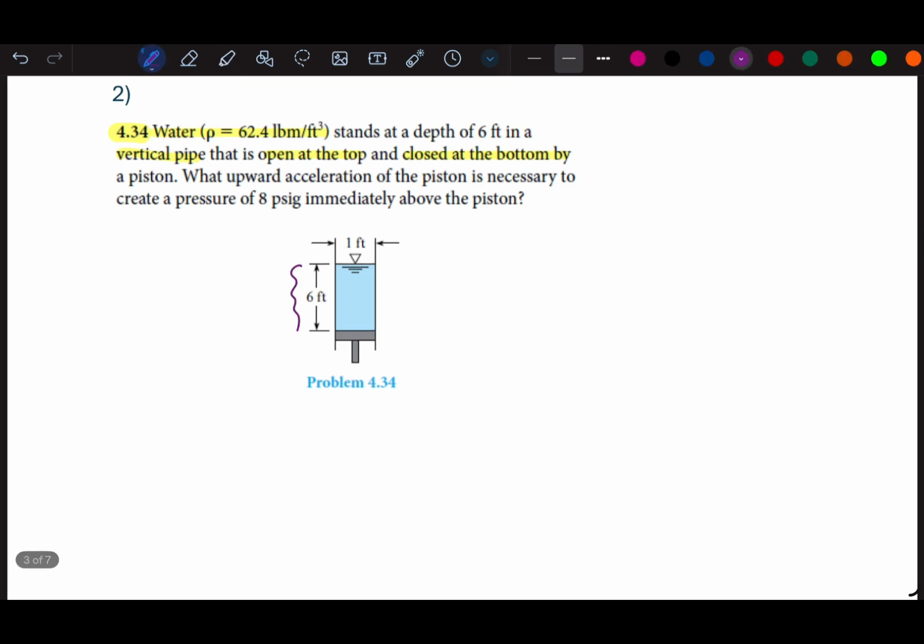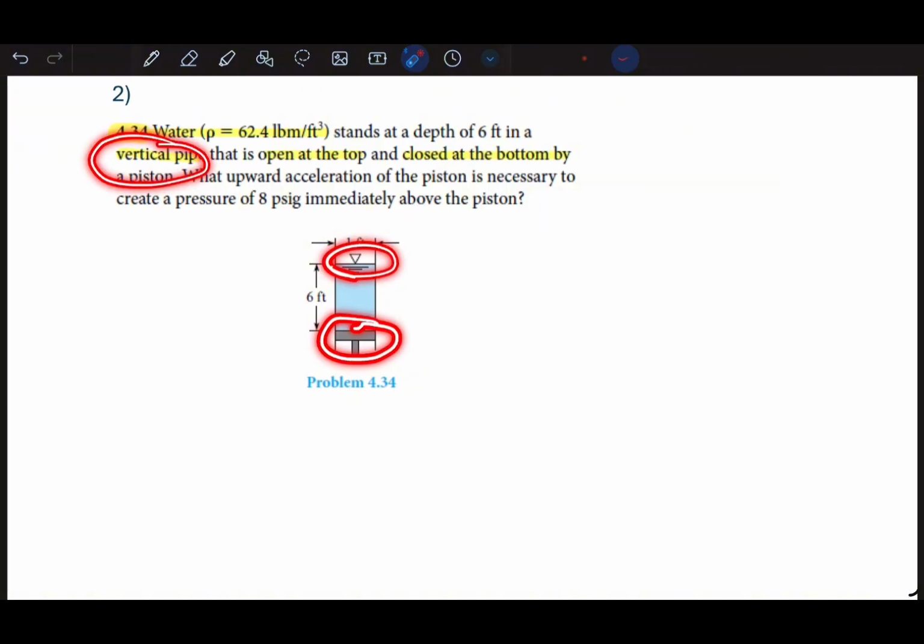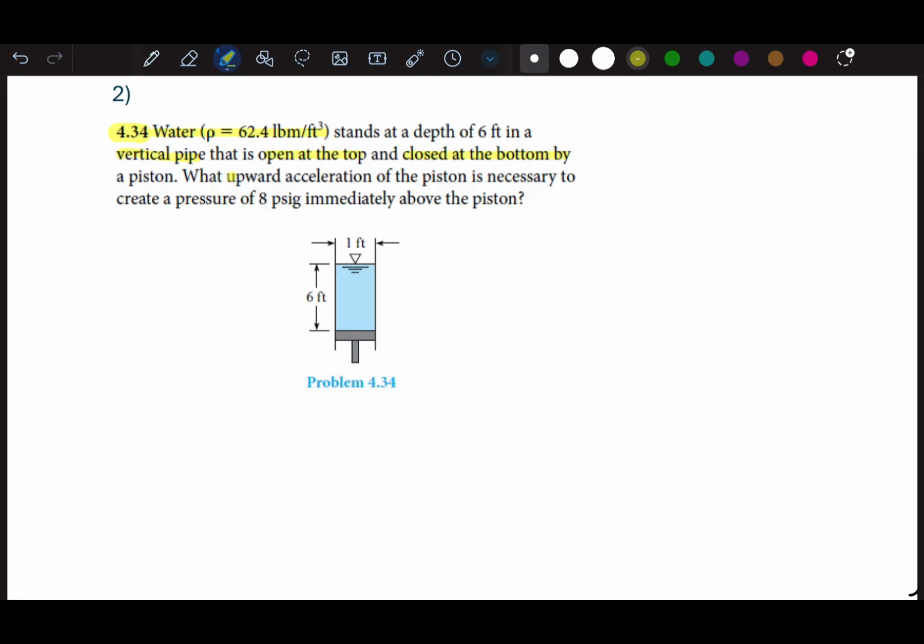And we need to find the upward acceleration of the piston, which is necessary to create a pressure of 8 pounds per square inch gauge immediately above the piston.